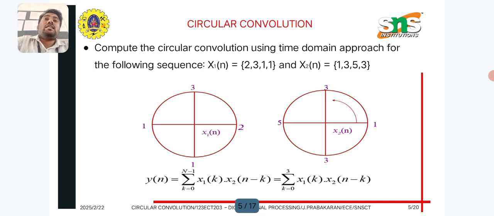Here two sequences are given, x1 of n and x2 of n. The circular convolution of these sequences, x3 of n, that is the convolved signal, equals x1 of n circular convolution with x2 of n.